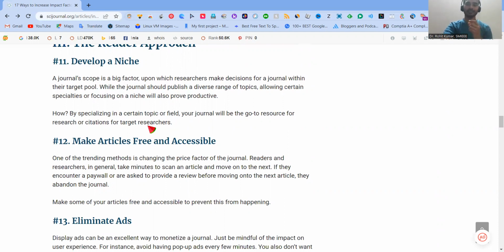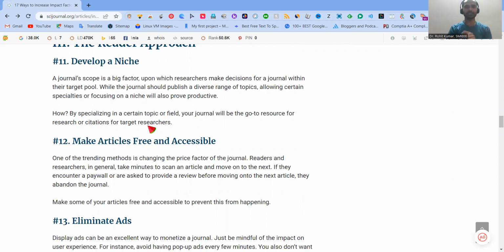Then the reader gets a notion that yes, this particular journal, for example, the Internet of Things journal from IEEE. When you see the name itself, the first thing that comes to mind is that this journal is going to offer me a dedicated focus on the Internet of Things. It means I am going to get core technology related articles and manuscripts related to the Internet of Things.